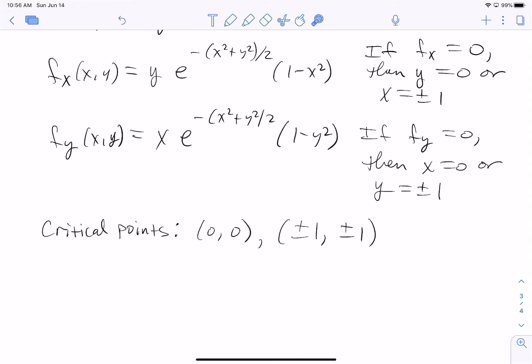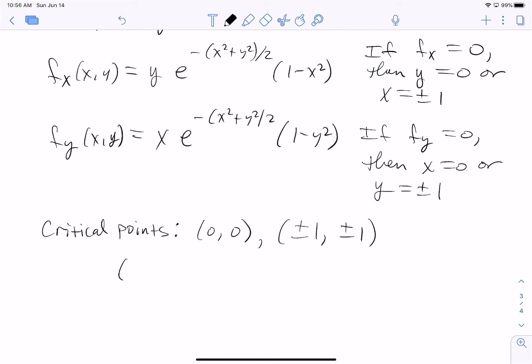And in fact, this represents 4 critical points because we would have 1, 1, 1, negative 1, negative 1, 1, and negative 1, negative 1. In all of those cases, the factors 1 minus x squared and 1 minus y squared zero out, and therefore fx and fy are both 0.